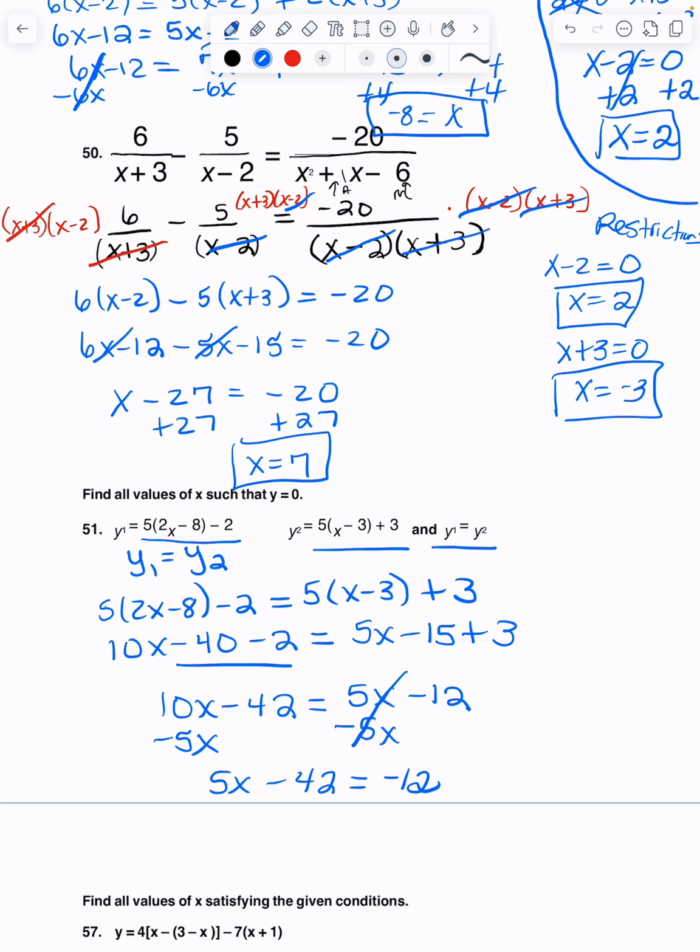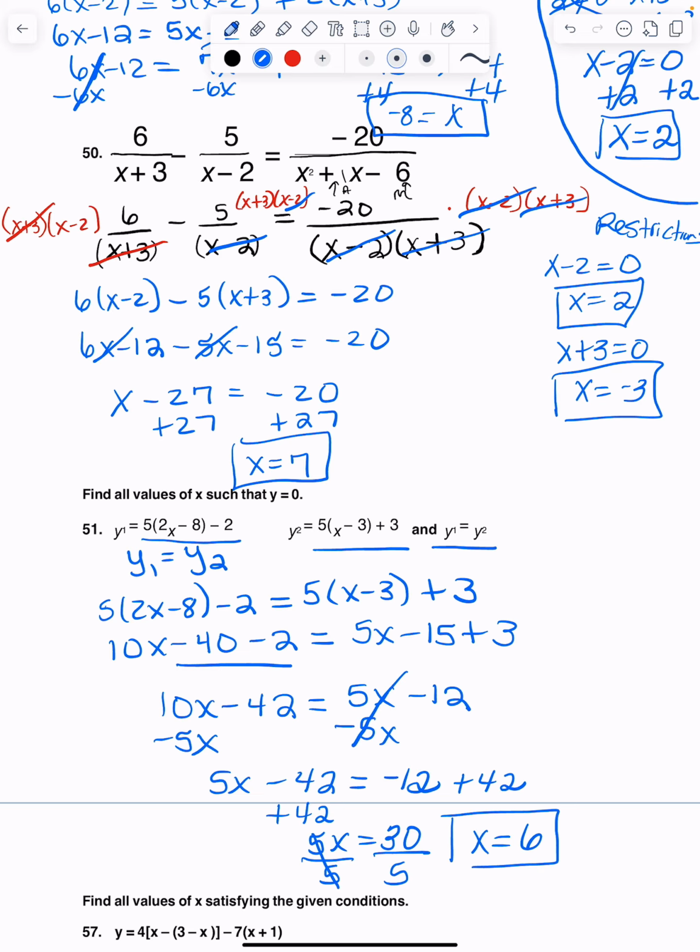All right, we're going to add 42 to both sides. So we get 5x equals 30. Divide both sides by 5. Your answer comes up to be 6.